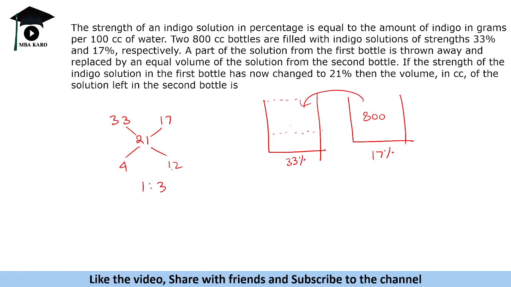The total is 800, and that is in 1 ratio 3. So this is one part, that is 200 ml, and this should be the other part, which is 600 ml, isn't it? Now when you transfer 600 from here, we removed 600 from this, so we are left with 200 in the second bottle. So that is what is asked: what is the volume left in the second bottle? That is 200 ml.